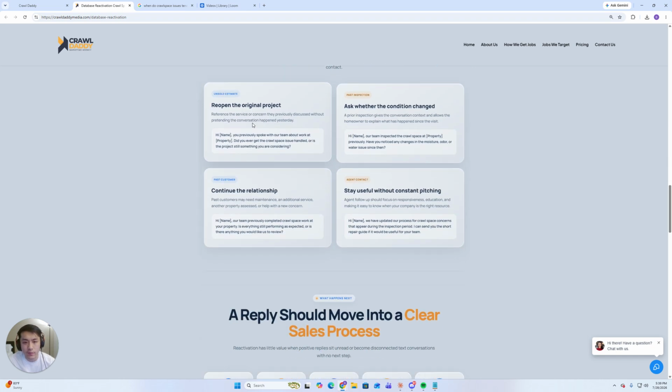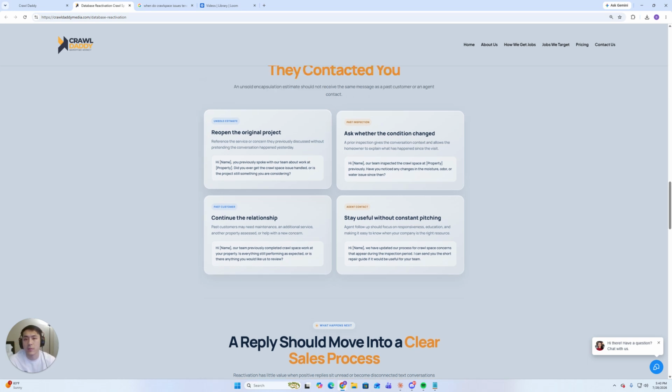So those are the 8 groups that we really want to target, and these are some sample messages on how we would message them. So, "Hi, insert the name here. You previously spoke with our team about working on your crawl space. Did you ever get that crawl space issue handled, or is the project still something you're considering?" The thing about crawl spaces is that the issues never really go away.